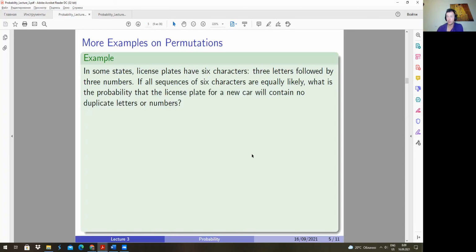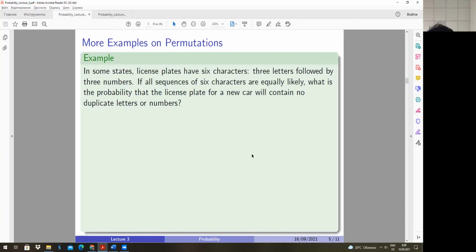It is possible to have AAA 000, for example. It is possible to have BBB 111. It's totally okay for license plates, and these two license plates are going to be different. So how can we calculate the total number of plates? Try to apply the multiplication principle. It's 26, 26, and 26.